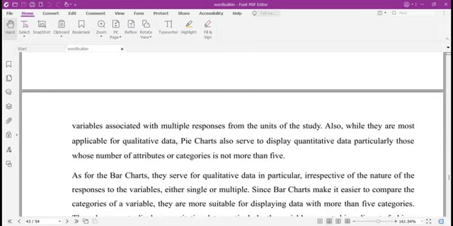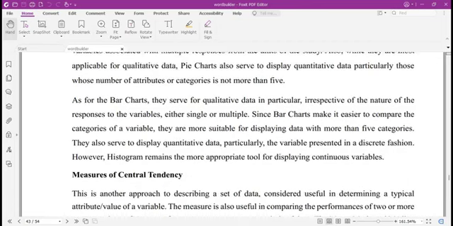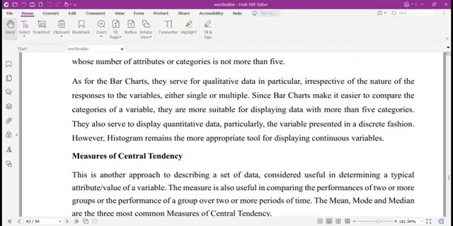As for the bar charts, they serve for qualitative data in particular, irrespective of the nature of the responses to the variables, either single or multiple. Since bar charts make it easier to compare the categories of a variable, they are more suitable for displaying data with more than 5 categories.